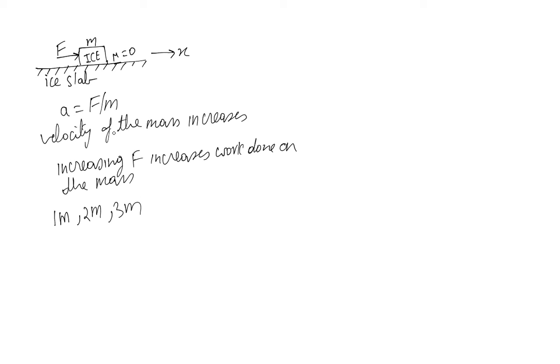So there are two factors: how big the force is and how long in terms of length you apply it, and these two factors combine to tell you how much work you are going to do on the mass. And friction is not really playing a role right now. Just say it's frictionless. So the work done, as people have found out, is given as F times D, where F is the force applied, and D is the distance for which the force was applied.